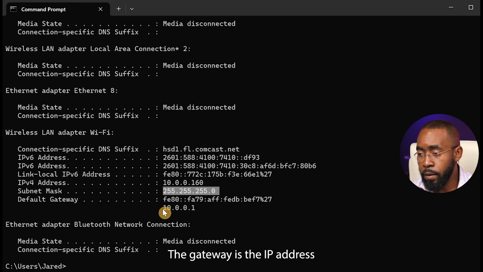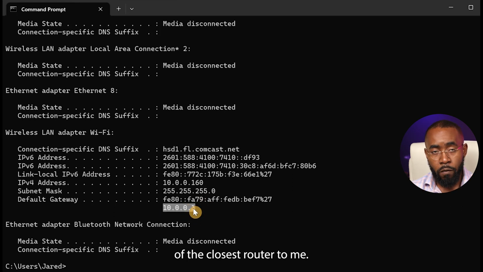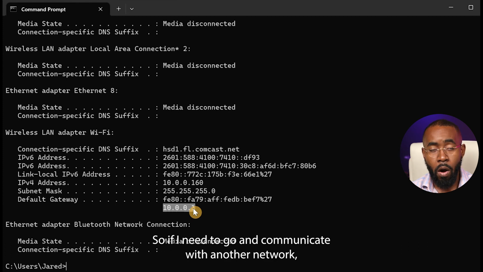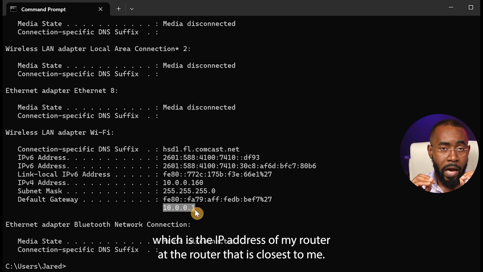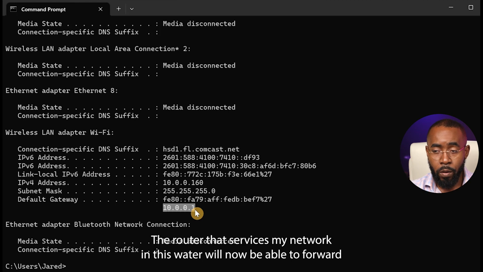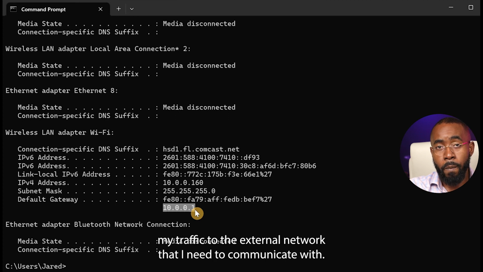The gateway is the IP address of the closest router to me. So if I need to go and communicate with another network, I need to send my traffic to this gateway, which is the IP address of my router, the router that is closest to me, the router that services my network. And this router will now be able to forward my traffic to the external network that I need to communicate with.